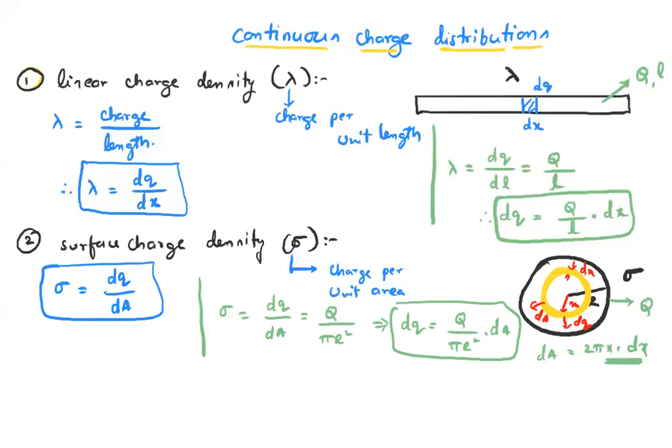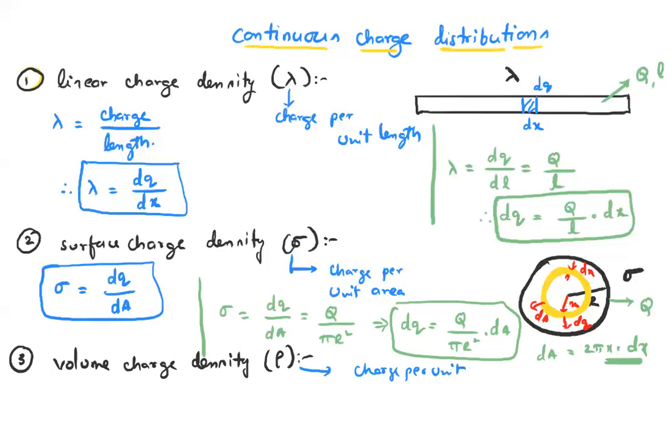Similarly, the third definition is volume charge density, which we call rho. You can define it as charge per unit volume, so rho is dq by dv.